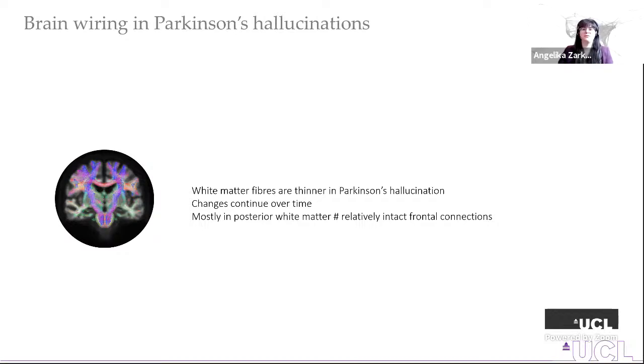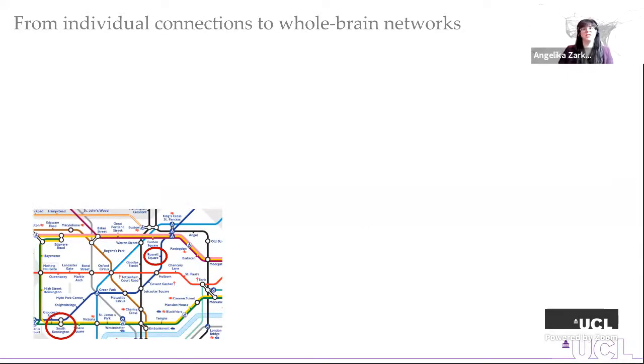So we looked at influences in visual perception, and we looked at the underlying brain wiring changes. But although looking at the visual connections or white matter tracts is useful, since I just said that the whole brain is interconnected, we also wanted to look at the whole brain level as well. And to do this, we used a mathematical tool which is called graph theory, and it visualizes networks using graphs. And here I show you a very famous graph, the London Underground map.